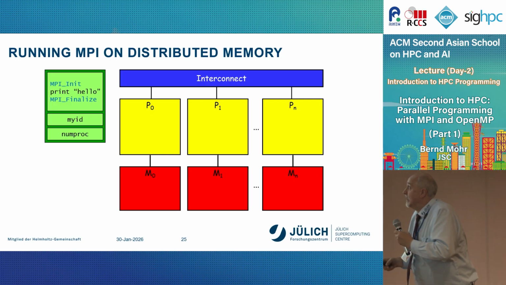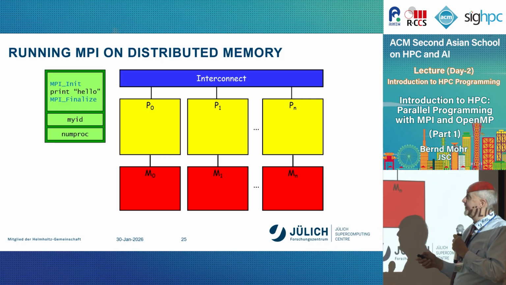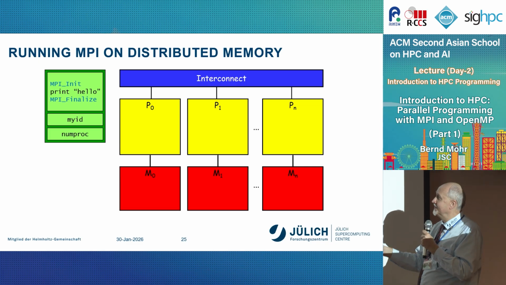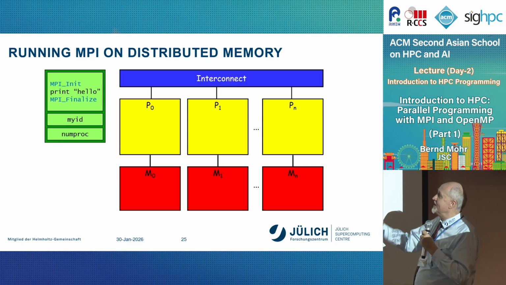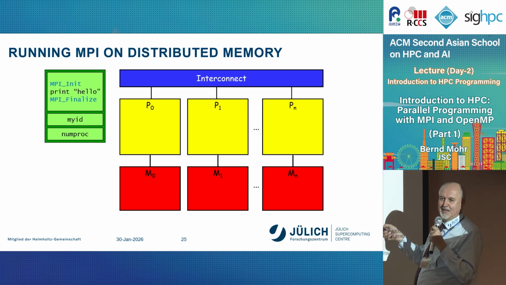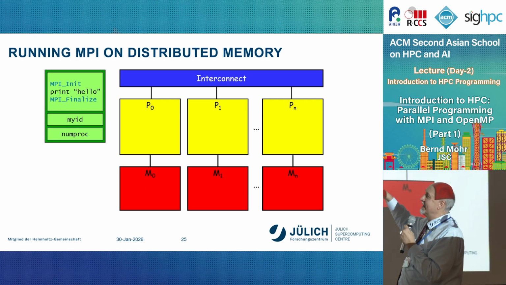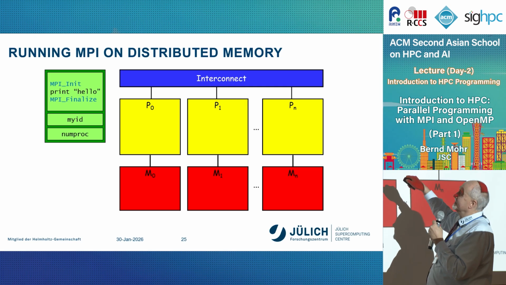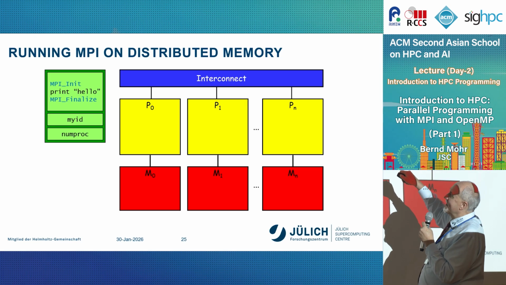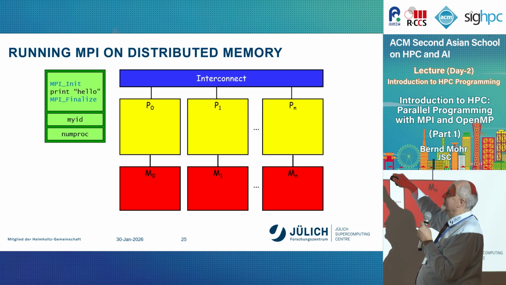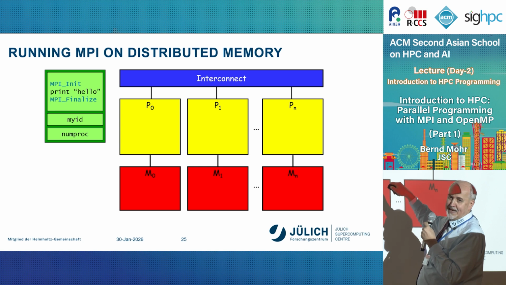Okay, so now we have a distributed computer. Here are the different processors, here is the distributed memory, and it's connected through the network, as I explained yesterday. Now I have my little process. It has the instructions, the thread, which calls init, rank, size, printing out hello, and finalize.